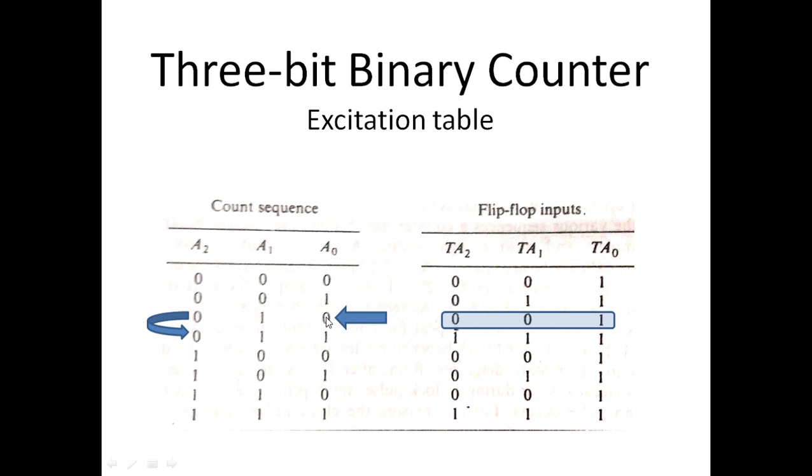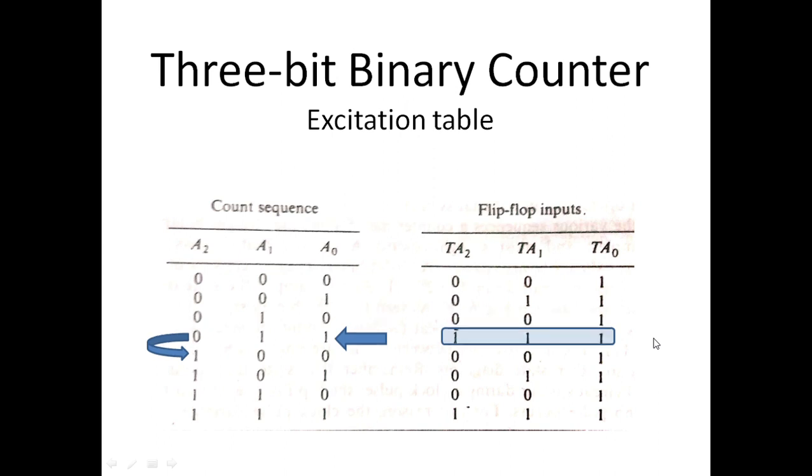This is possible if we toggle the state of flip-flop 0, we keep the state of flip-flop 1, and we keep the state of flip-flop 2. So we provide 0, 0, and 1. That is 0, 0, 1. When this input is provided to the 3 flip-flops, we will get to this state from this state.